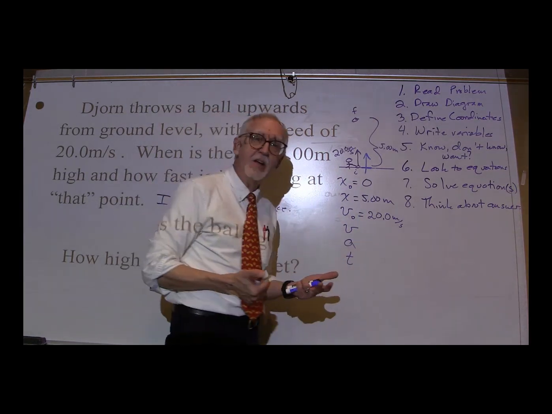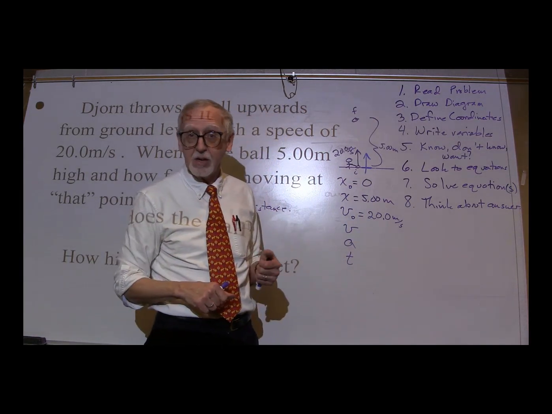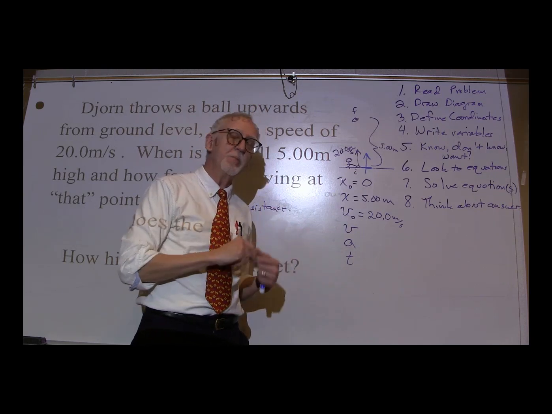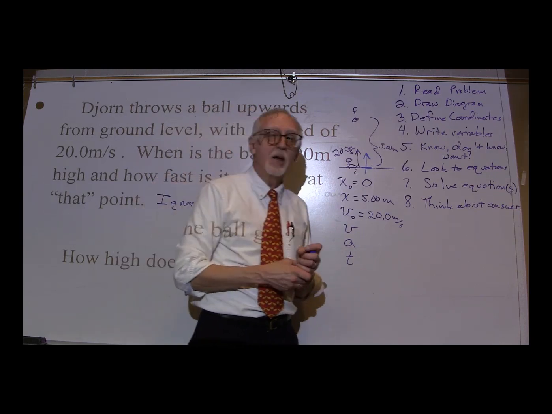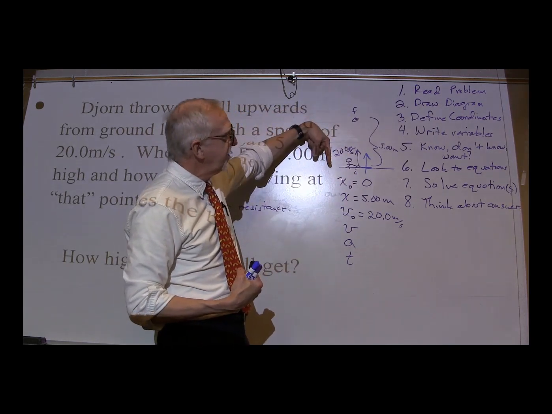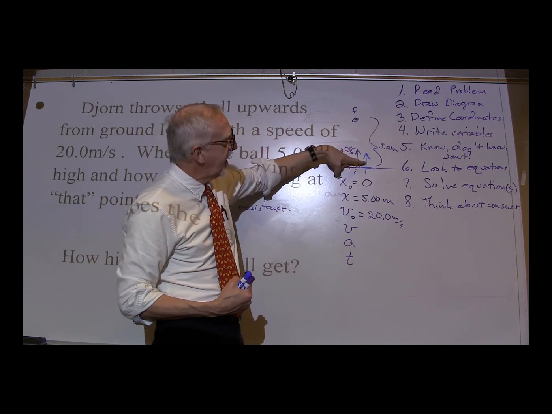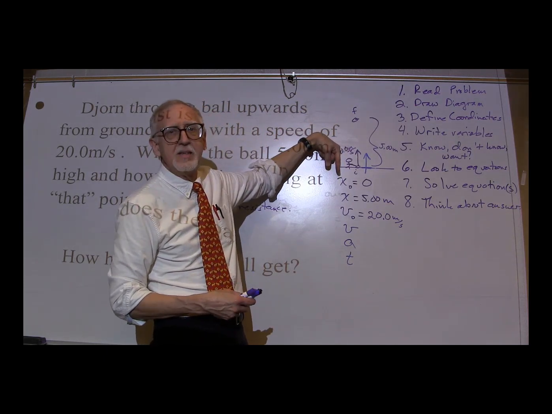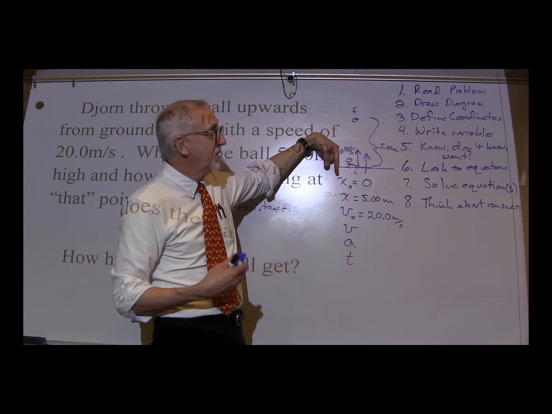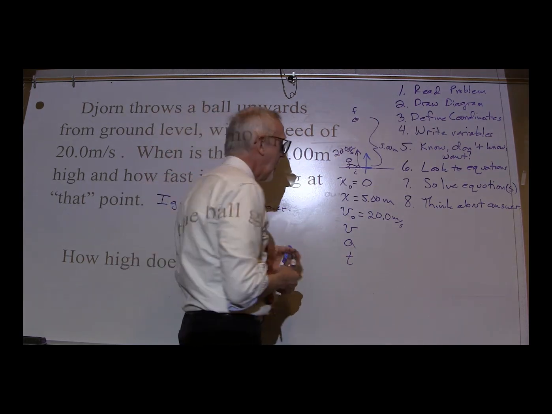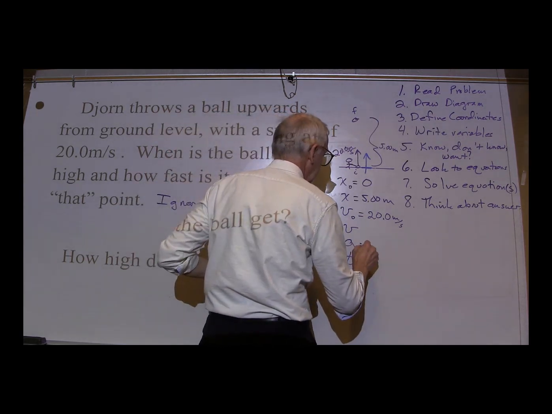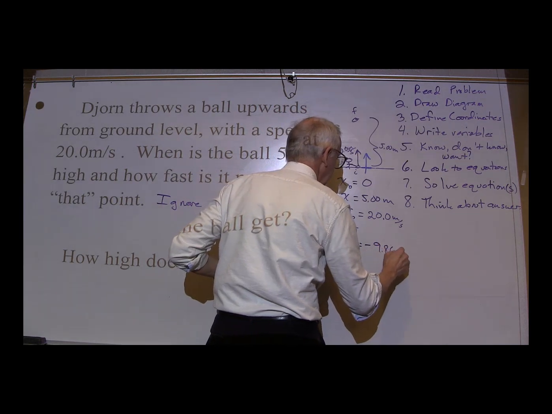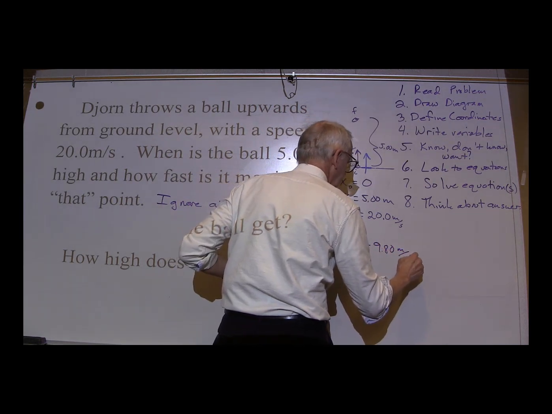acceleration. What's the acceleration? It's going to be the acceleration due to gravity, which is 9.80 meters per second squared. But remember, the acceleration is downward. We defined upward as positive, so what is downward if upward is positive? Downward is negative. So our acceleration is negative 9.80 meters per second squared.